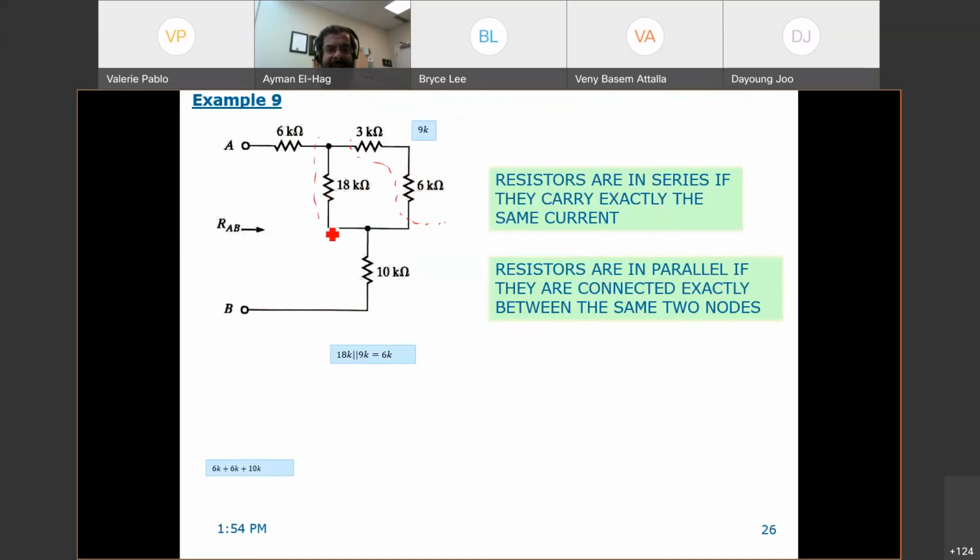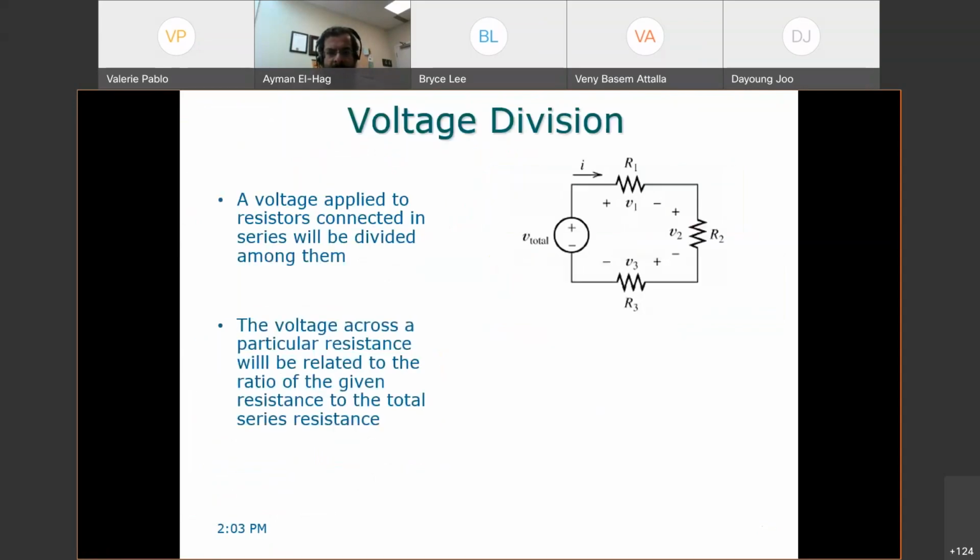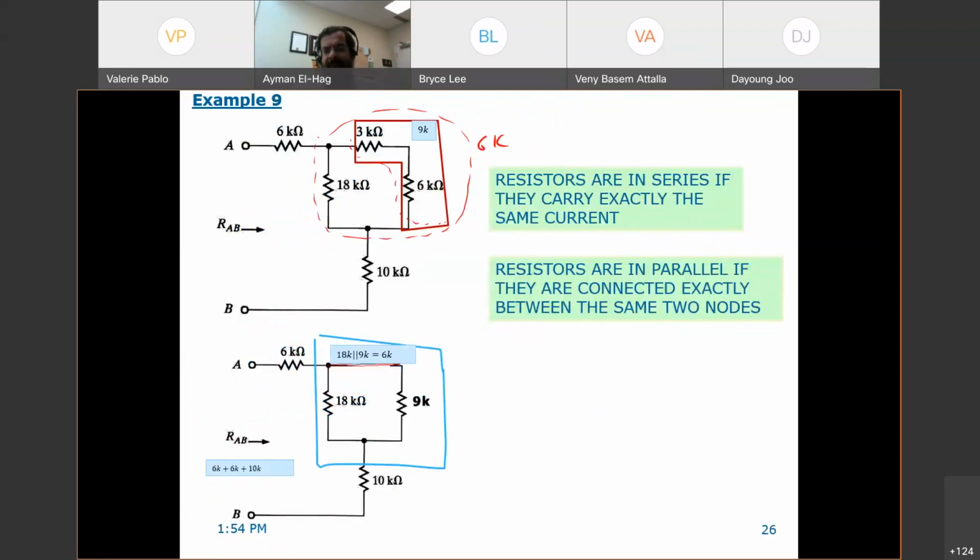So everything here becomes 6. All of this is equal to 6 kilo. This 6 with this 6 with this 10, all in series. So the total is 6 plus 6 plus 10, which is 22 kilo ohm.